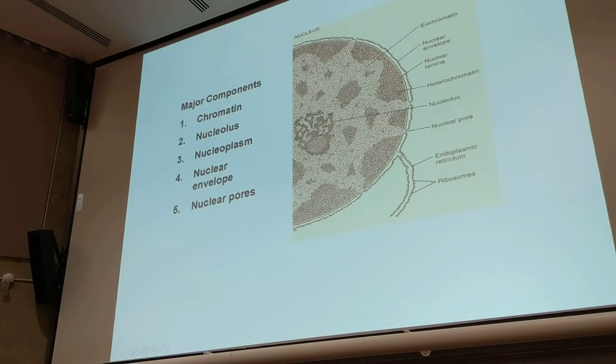the nuclear envelope, as you can see, there are two components: the outer envelope and the inner envelope, and they're not identical. The outer envelope has ribosomes, while the inner envelope doesn't.